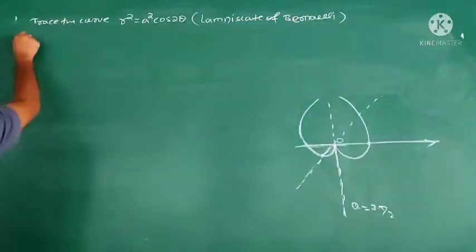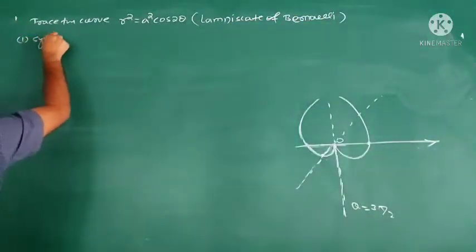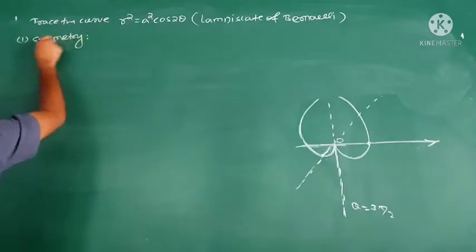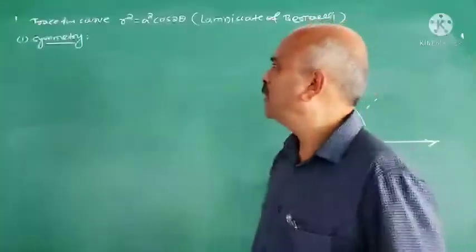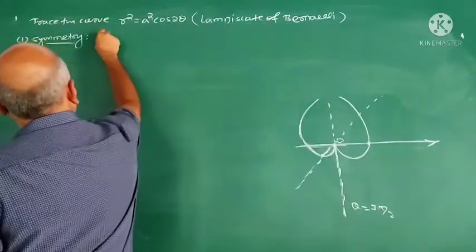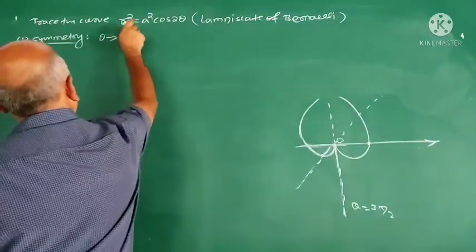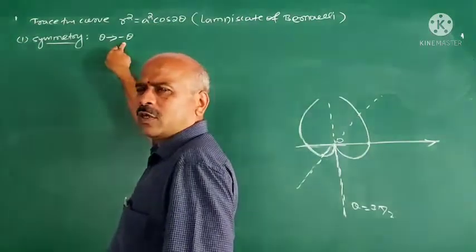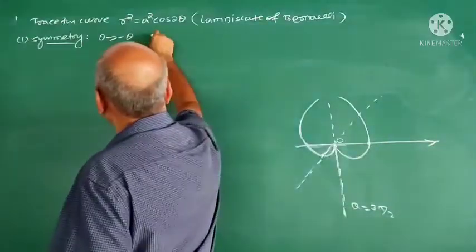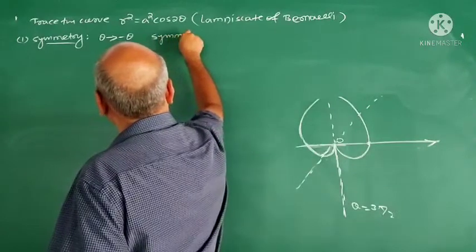Now first, about symmetry. I will explain how to trace the curve and what the shape of the curve is here. Symmetry: theta to minus theta, the equation remains the same because cos of minus theta is cos theta. So it is symmetric about the initial line.